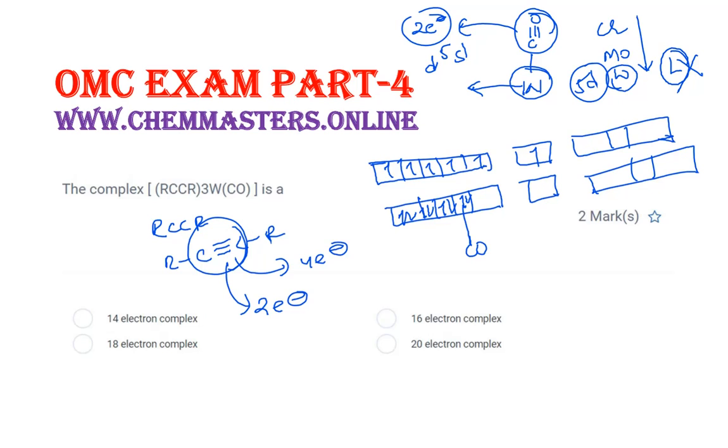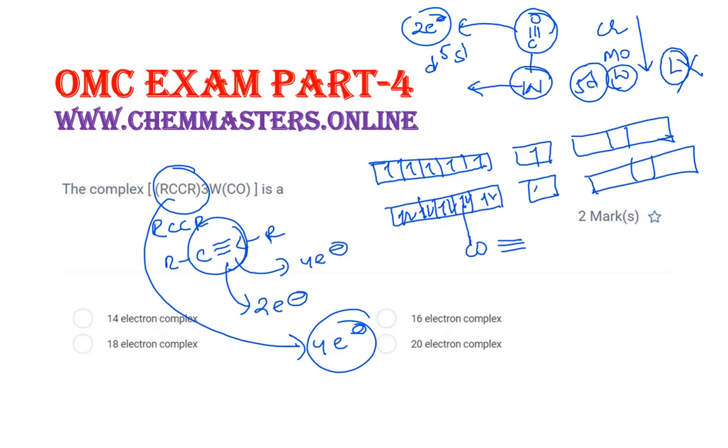Now just consider, for example, if all these 3 alkynes are 4 electron donors, then what happens? Here the alkyne gives 2 electrons here, 2 electrons here. The next alkyne, 2 electrons here and 2 electrons here.